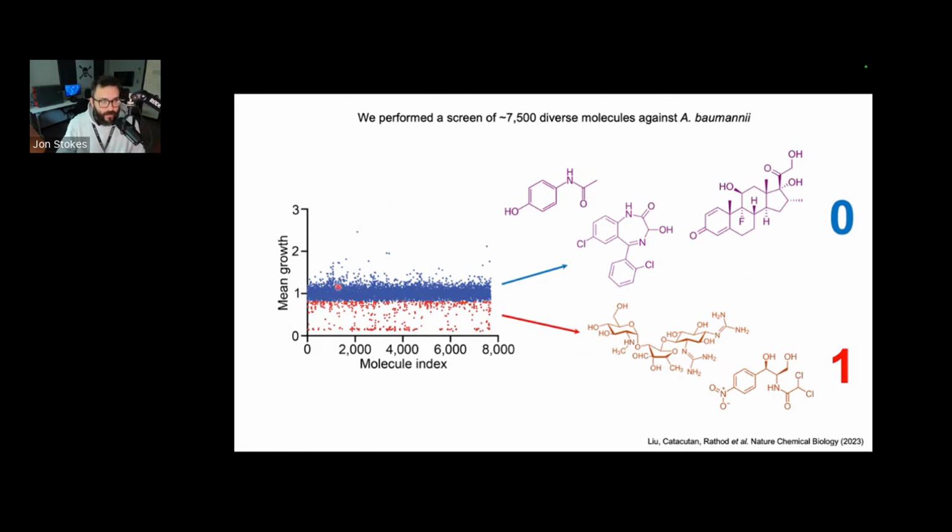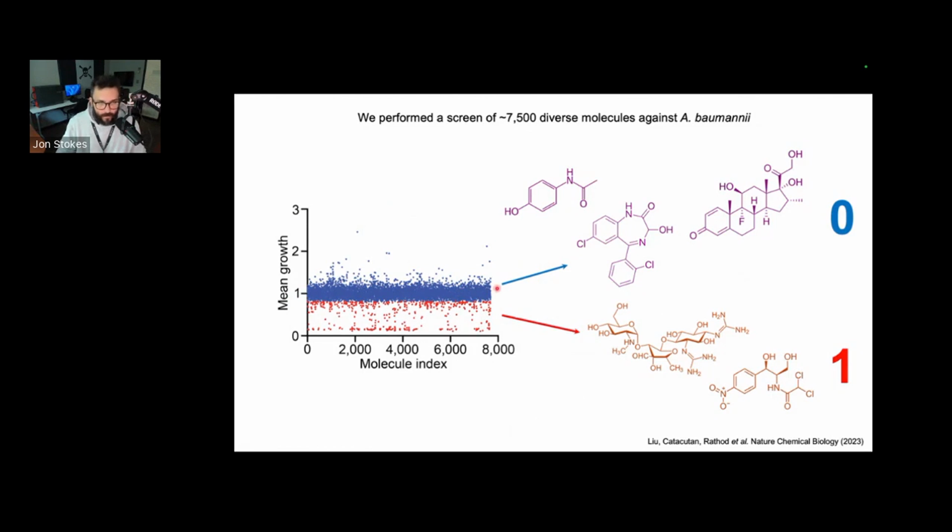And each dot is a different molecule. As we get closer to 0 on the vertical axis, this is growth inhibition. So every molecule here in blue, it was not a hit, and every molecule here in red we said is a hit. And this is defined using a 1 standard deviation hit cutoff.